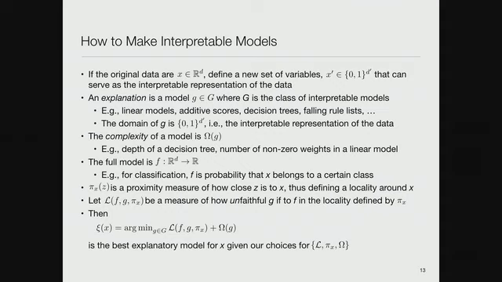So then they say, all right, the real model, the hairy, complicated full-bore model is F, and that maps the original data space into some probability. And for example, for classification, F is the probability that X belongs to a certain class. And then they also need a proximity measure.